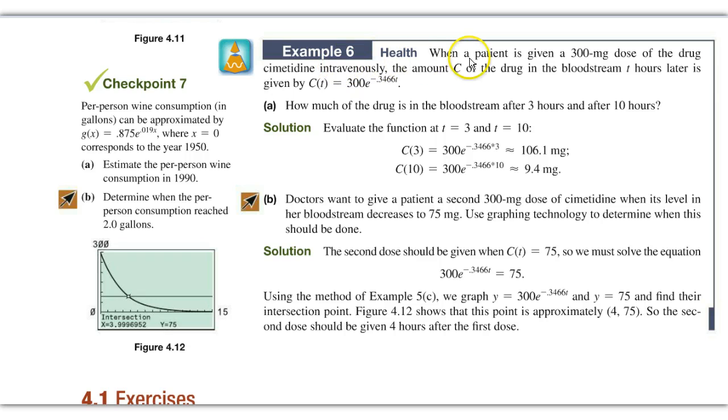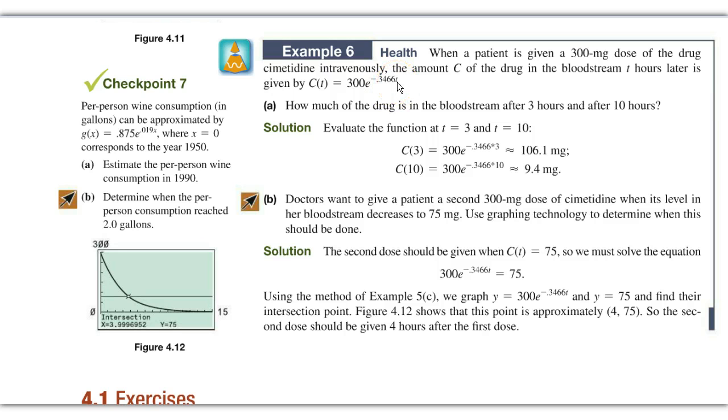Now, for example 6, it says when a patient is given a 300 milligram dose of the drug cimetidine intravenously, the amount of the drug in the bloodstream after T hours is given by this function.